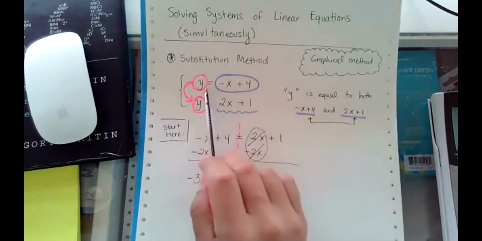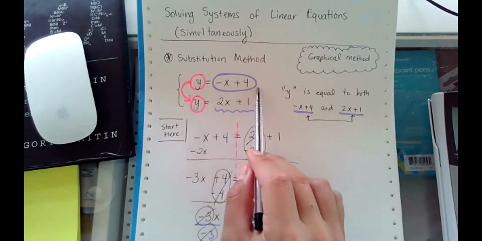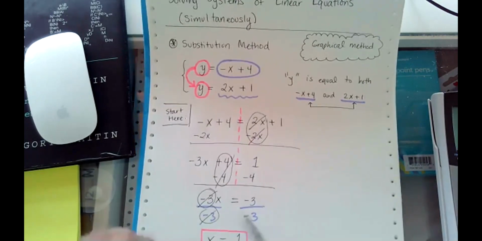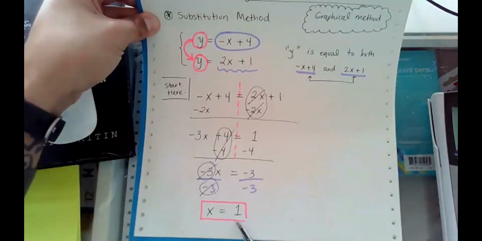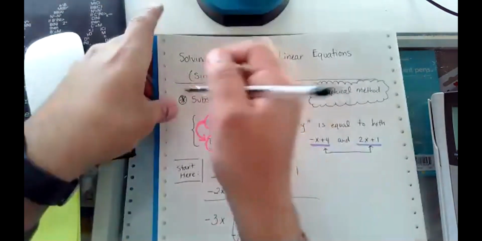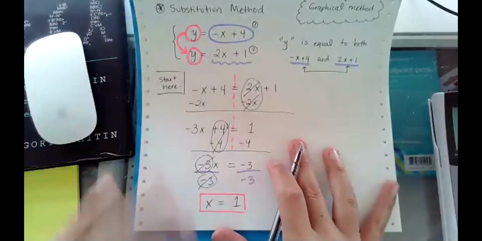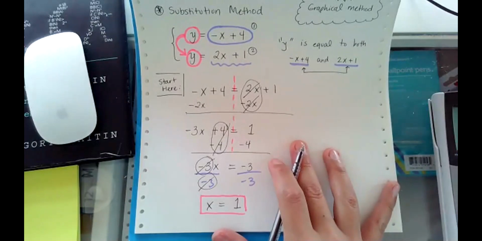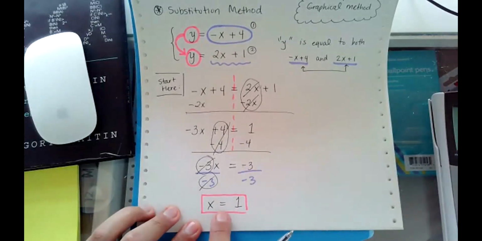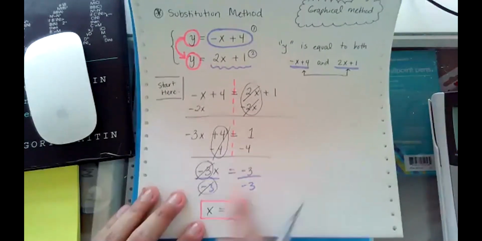Either one of these equations tells me what y is supposed to be equal to. As long as I have the input value x, I can find the y value. So you can choose either equation 1 or equation 2. It doesn't matter, and I'm going to show you that you'll get the same number if you've done the math correctly, regardless of whether you plug this input value into the first equation or the second one.